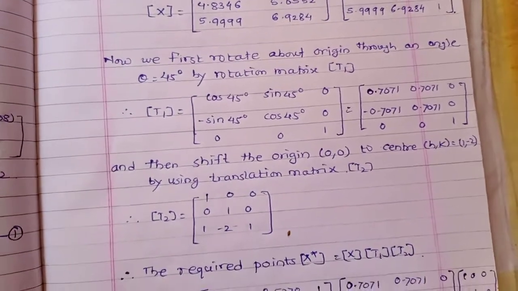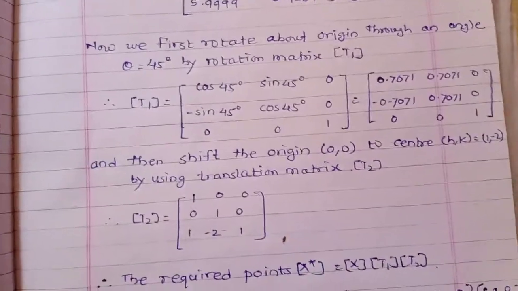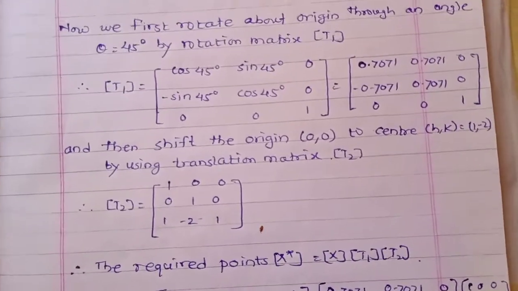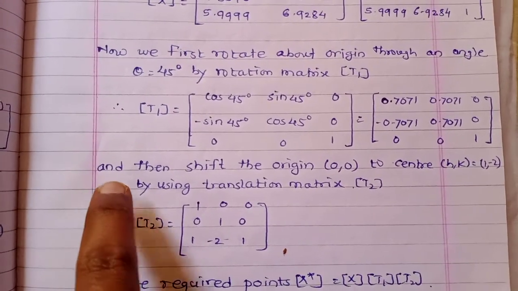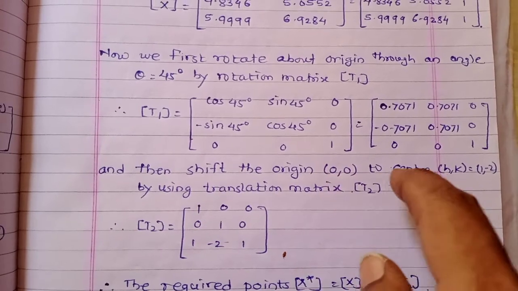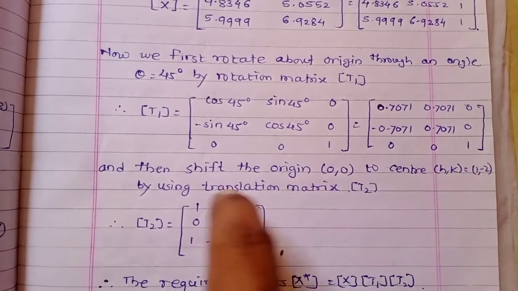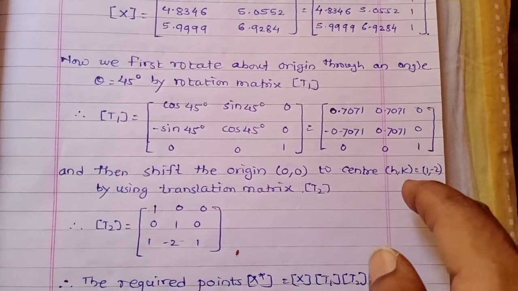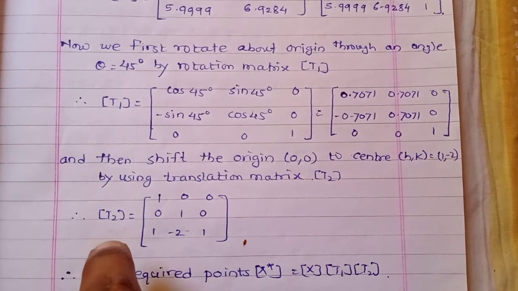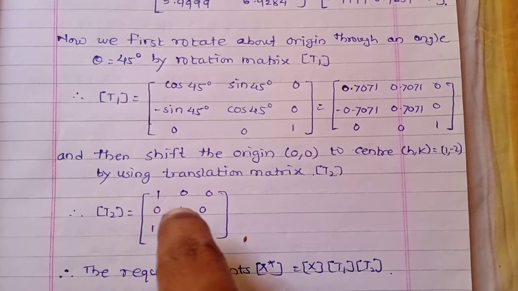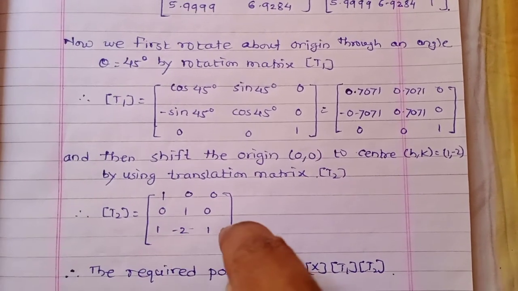Now the next step of the algorithm is to write down the translation matrix, to shift the origin 0 0 to the center h k. Our h k here is 1 minus 2. Using the translation matrix T2, we write T2 as 1 0 0; 0 1 0; 1 minus 2 1.